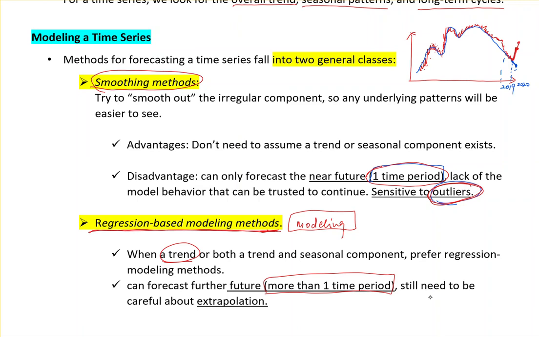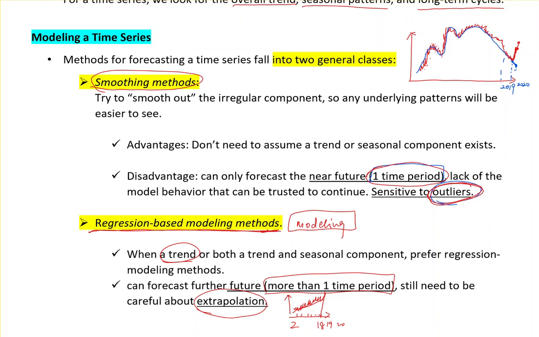But here you still need to be very careful about extrapolation. Remember, if the height is recorded for a boy from 2 years old to 18 years old, it will keep growing like that. Based on this time series, you can make a prediction for the near future, maybe 19 years old, even 20 years old, and maybe the prediction is still accurate.